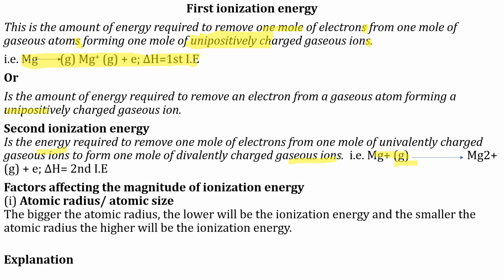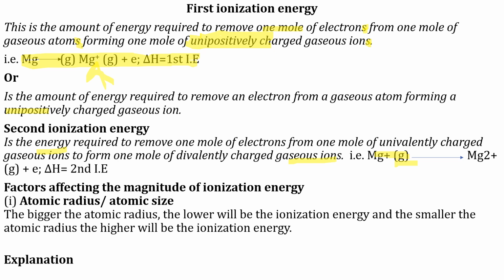We start from here, we pick this, and here we remove an electron from it so that we remain with Mg2+. I hope that has been clear. For anything that seems unclear, always rewind the video and try to pay attention.